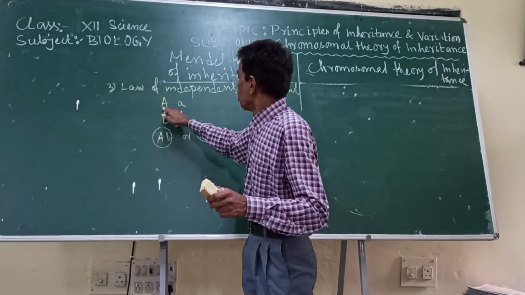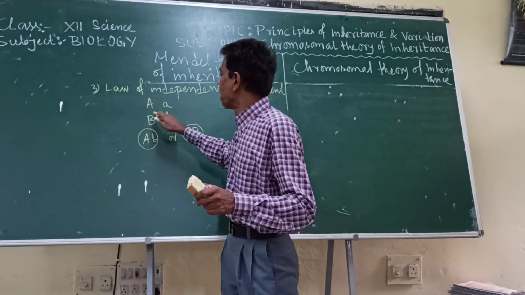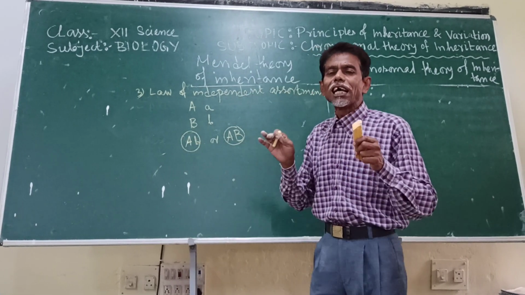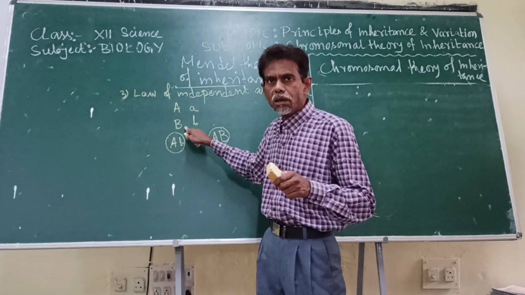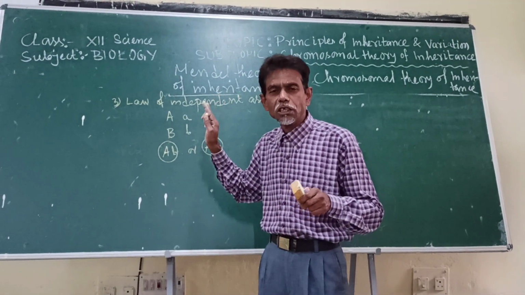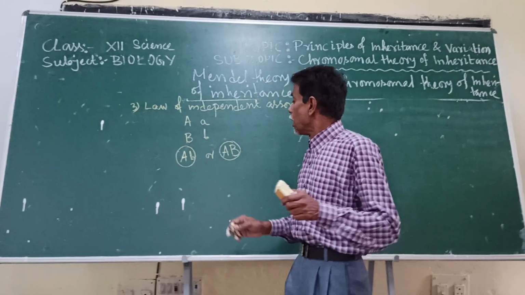A can combine with small b, or A can combine with capital B. That means the assortment of one allele with another is independent of its counter allele. This is what we call the law of independent assortment.